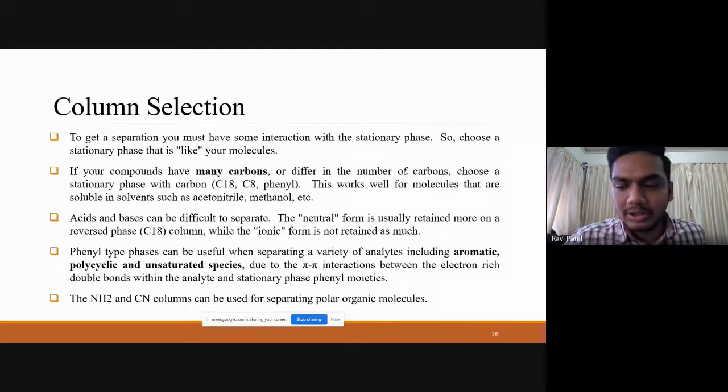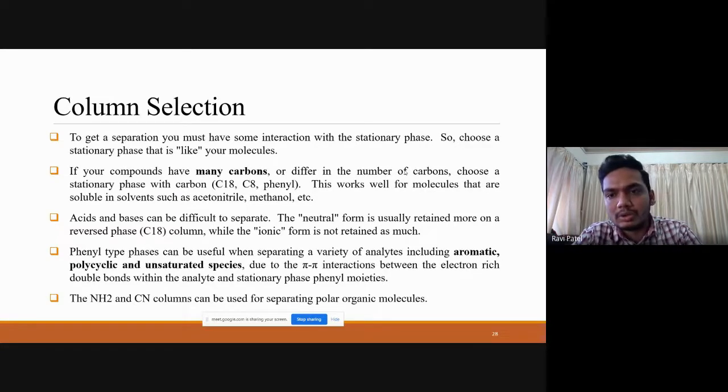Okay. The next is column selection. Which column is suitable and which column is not suitable? These are the questions that generally arise in our mind. So the selection of column generally depends upon the nature of our compound, right? By increasing the stationary phase with carbon loading, we are increasing the non-polarity of our columns.